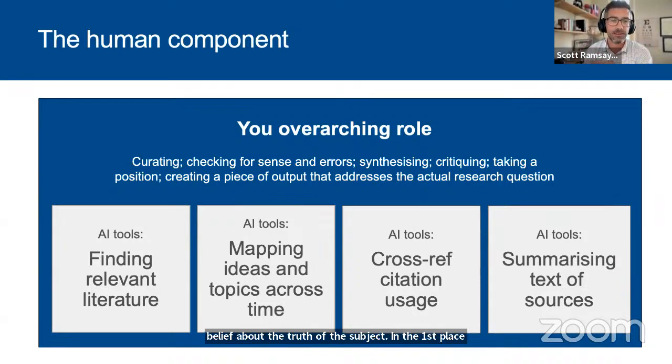And ultimately, as the last list item there says, your job is to create a piece of output, an essay, a dissertation, a report that addresses the actual research question. It shouldn't just be a summary of everything that you found, but your research question should be something you decide with your dissertation supervisor or something that was put into the essay question that you were set by the course staff.